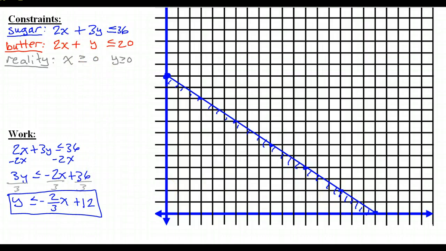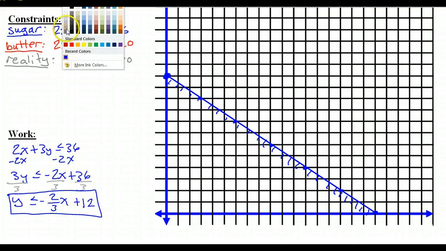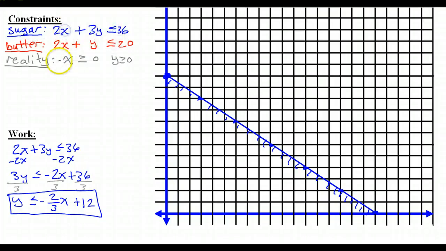As long as I'm here, I might as well shade in the reality constraints as well. The reality means we stay on this side of the line, of course, and we stay on this side of the line. This grass represents my reality constraint.